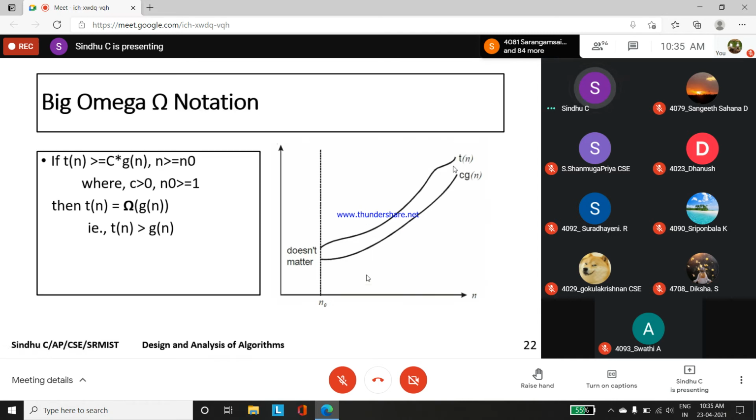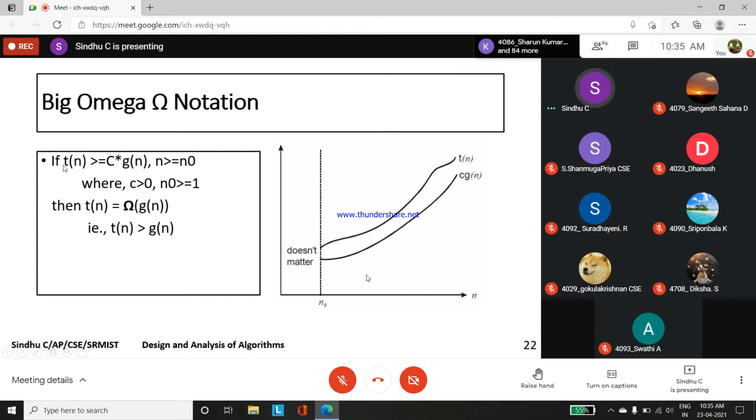Coming to the second case, which is big omega, the best case. I have a curve T of n, and I have an asymptote of the curve, which is c times g of n, and this c times g of n is always lesser.